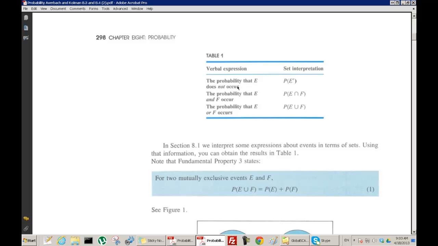Also, we're reviewing here again that if we have a verbal expression like the probability that E does not occur, that's the probability of E prime.